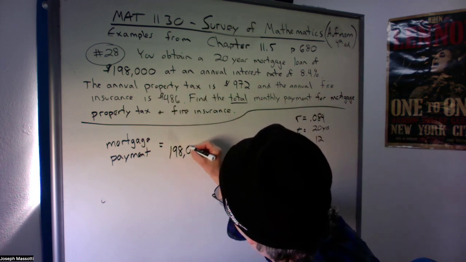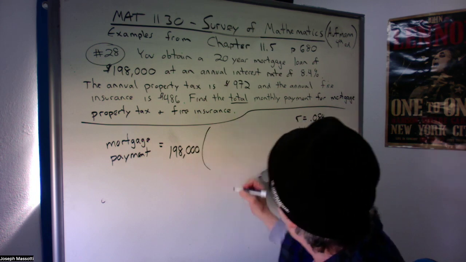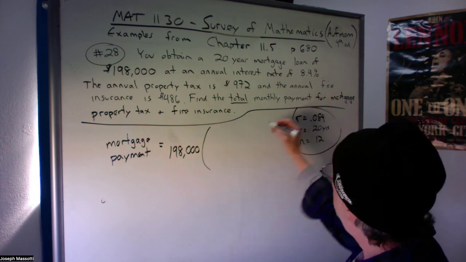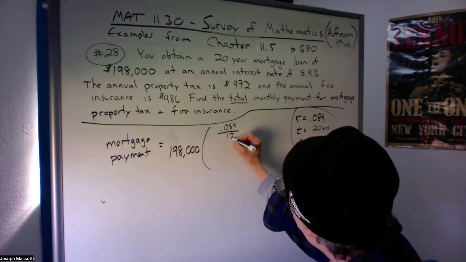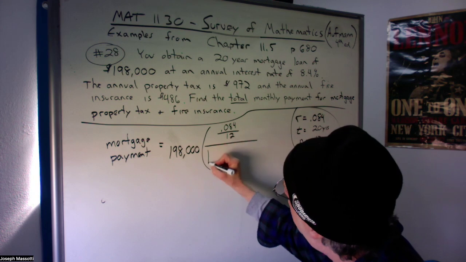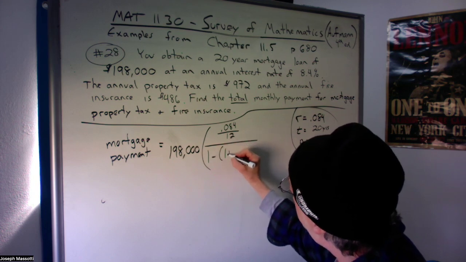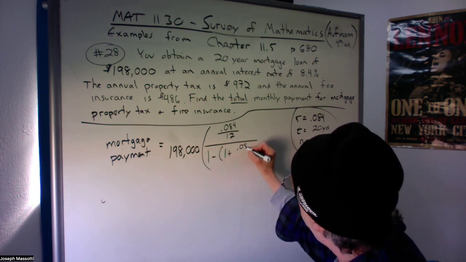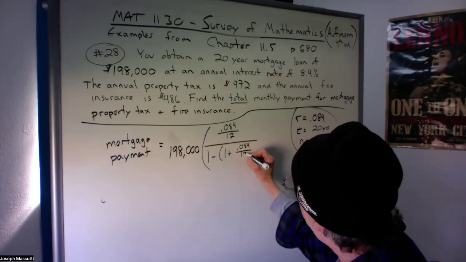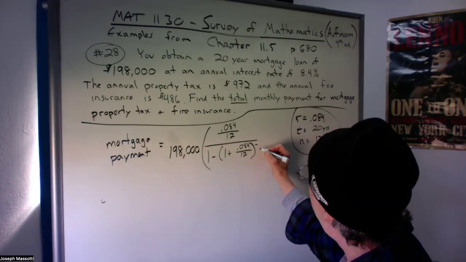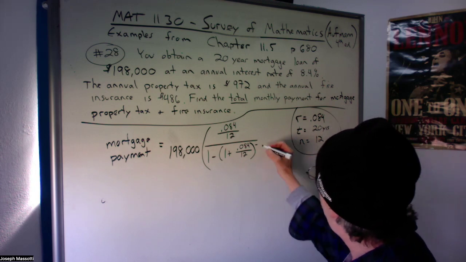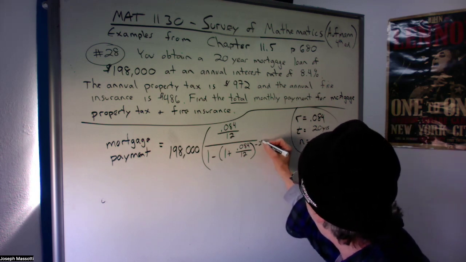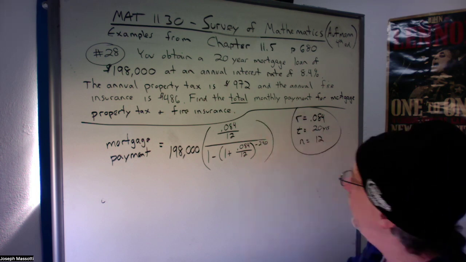So $198,000 times R over N is going to be 0.084 over 12, divided by our formula, 1 plus R over N to the negative NT. So that's going to be 240, negative 240.